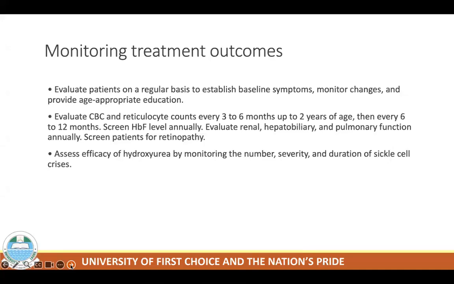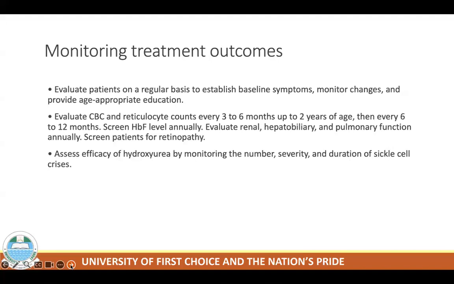So most patients use... Let's just go on. I'll mention what they use now. So then you assess efficacy of the hydroxyurea by monitoring the number, severity, and duration of sickle cell crisis.